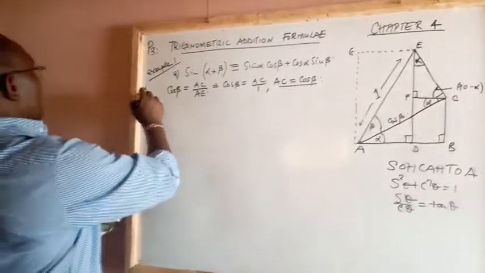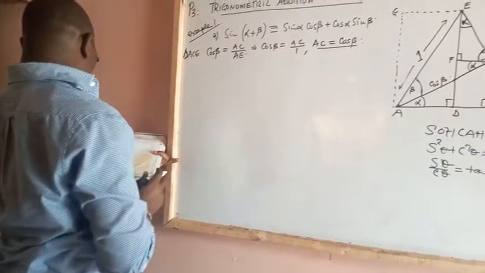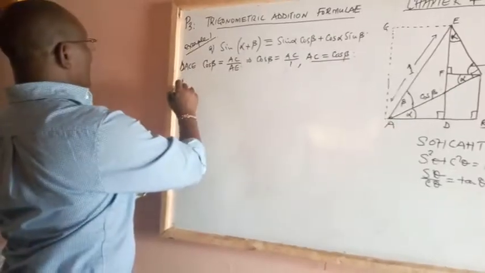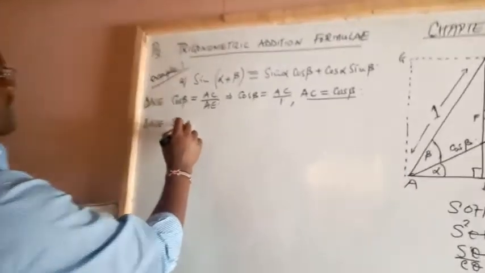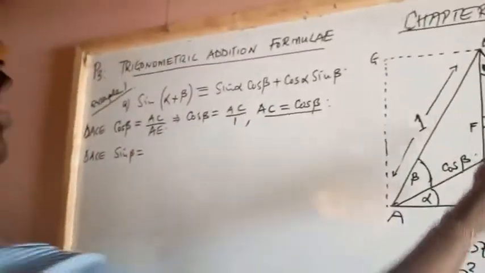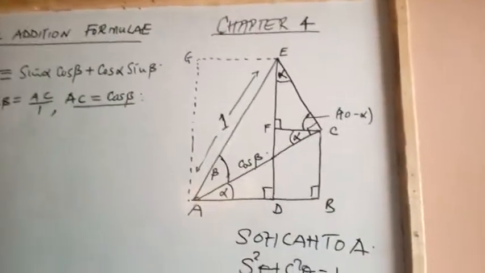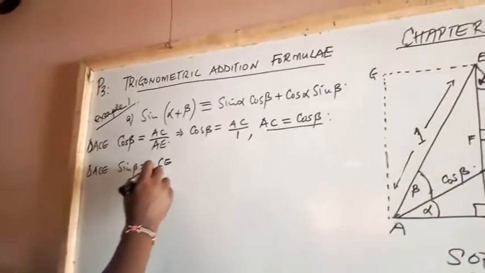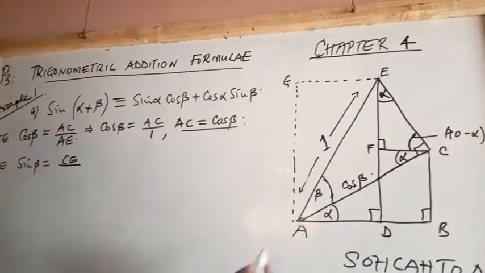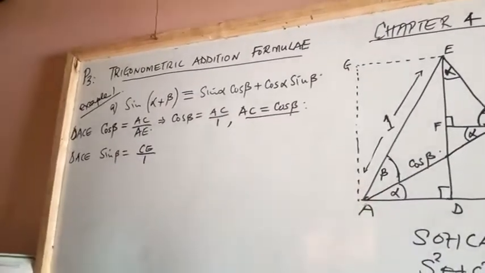Using triangle ACE, the sine of beta is, of course, opposite over hypotenuse. And what is the opposite? Opposite is CE over the hypotenuse, which we said is AE, of course, over 1.